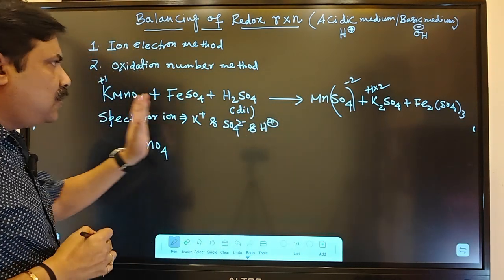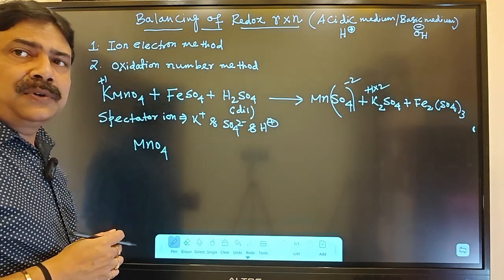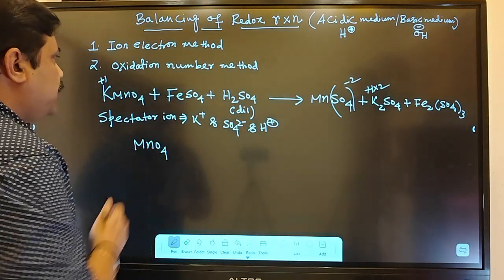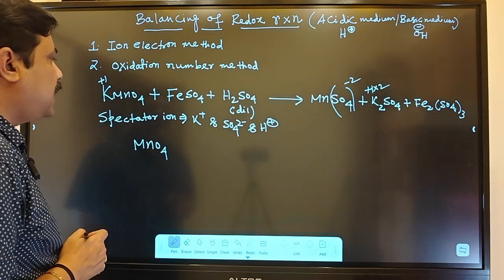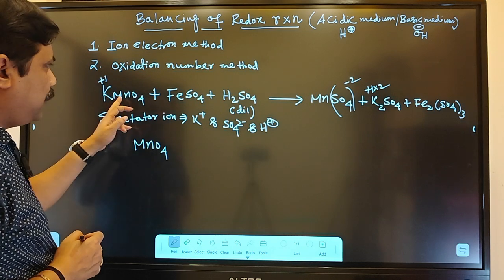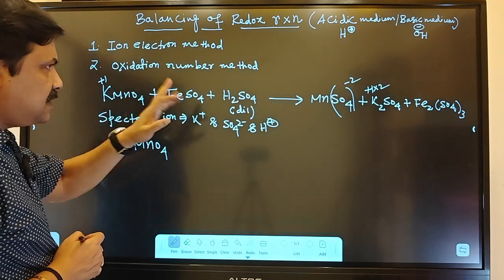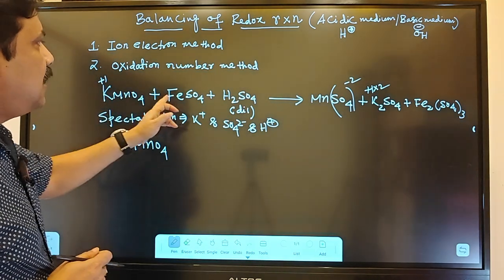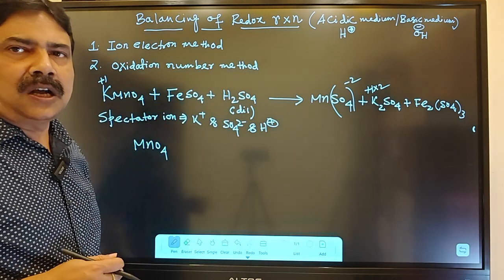Now without the spectator ions, you have to write down the equation. What are the things changing oxidation state? MnO4 minus, where manganese is changing its oxidation state, and iron is changing its oxidation state.